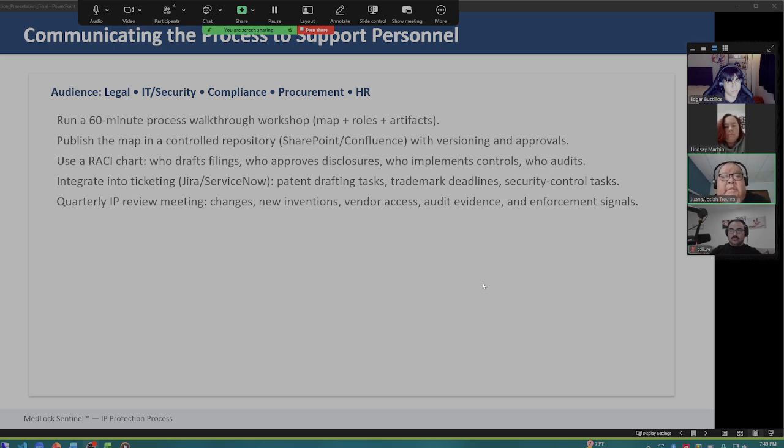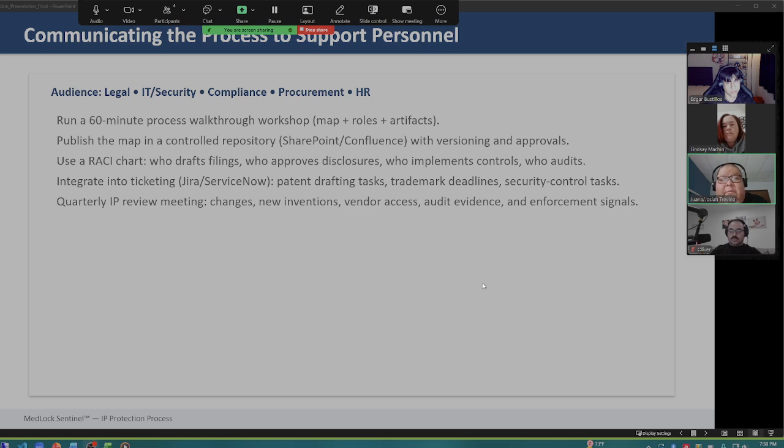Support personnel need operational clarity: who owns which step and what artifact they must produce. The workshop introduces the map, while the control repository makes it a single source of truth. RACI prevents gaps.